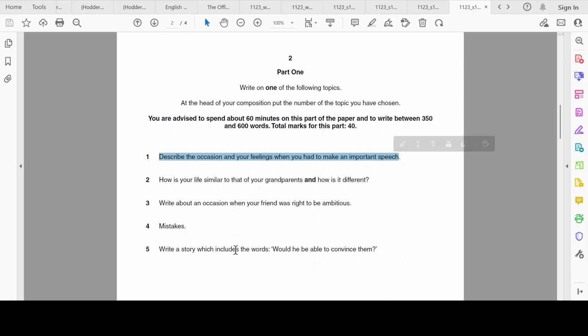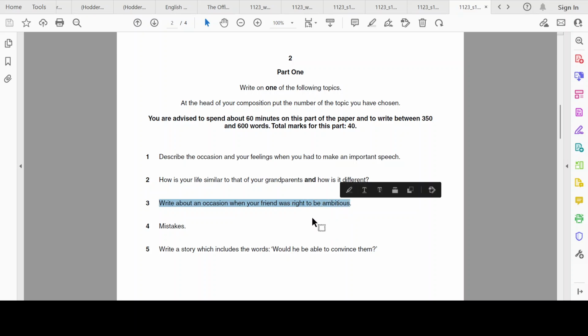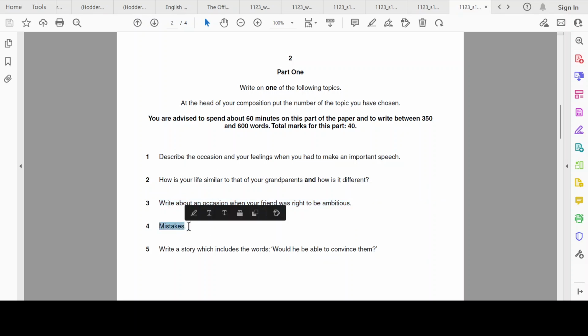That's obviously descriptive writing. Write a story which includes the words, would he be able to convince them? That's obviously narrative. This could be used perhaps at an occasion when your friend was right to be ambitious. This could be a narrative. And so you've got two narratives. This is very open-ended, this could be anything. And this is argumentative, so that's no longer part of the syllabus.